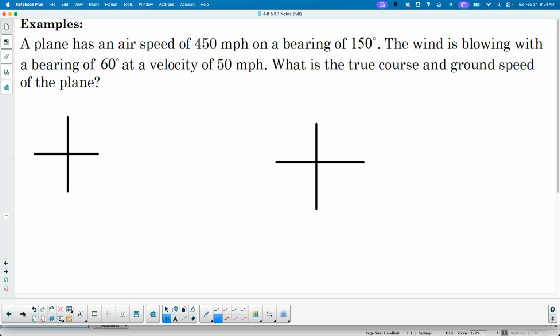So we're looking for true course and ground speed, so that's going to be vector G. We're looking for vector G. So my plane has an airspeed of 450 miles per hour and a bearing of 150 degrees. That's going to be my A.